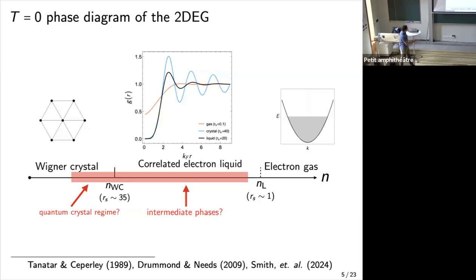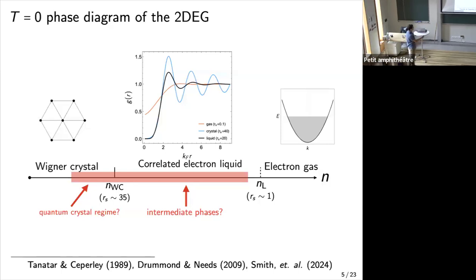Another question, and this concerns the crystalline phase itself, is what is the nature of the quantum dynamics in that range of densities where you're close to the melting point, where the zero point motion of these electrons is big, tunneling effects are significant, so it's still open what, say, the magnetism is of the crystal and so on.